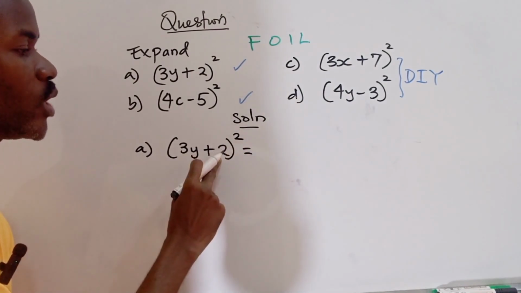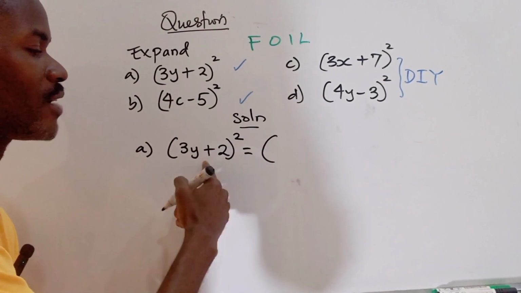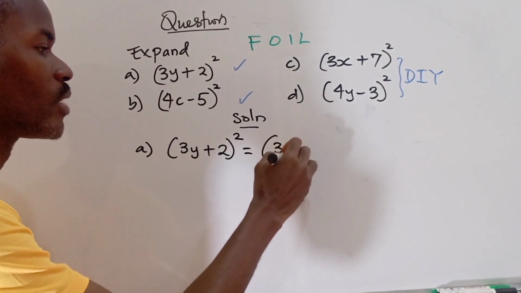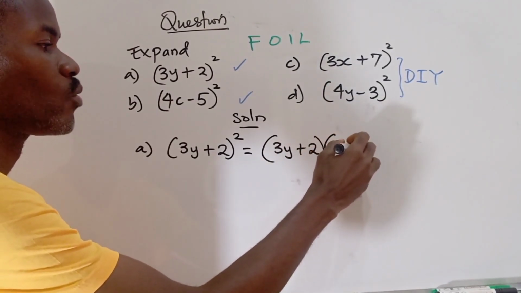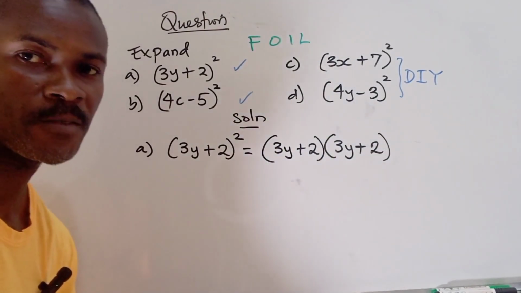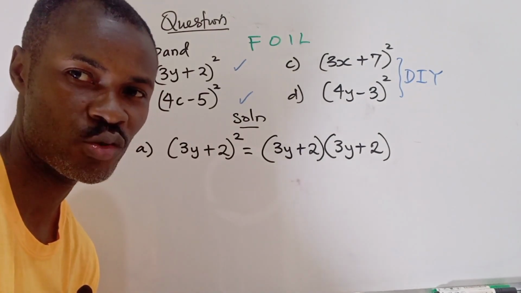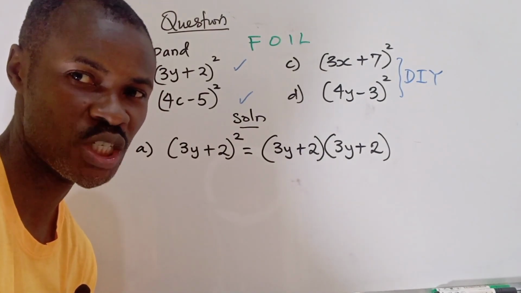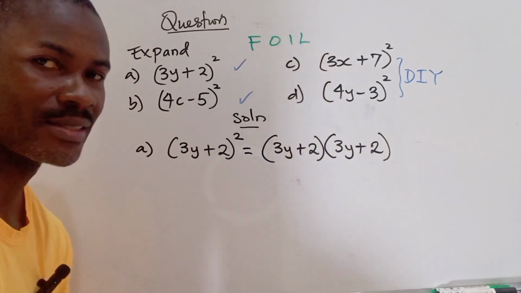In mathematics, when you have something squared, it means you want to multiply it by itself. So we have (3y + 2) multiplied by (3y + 2). For instance, if I say a squared, it means a times a. If I say 2 squared, it means 2 times 2, which is 4. So this squared means this multiplying itself.